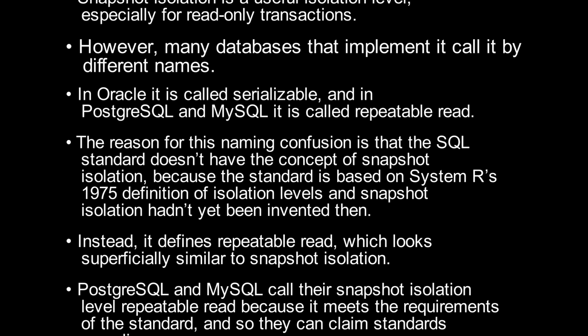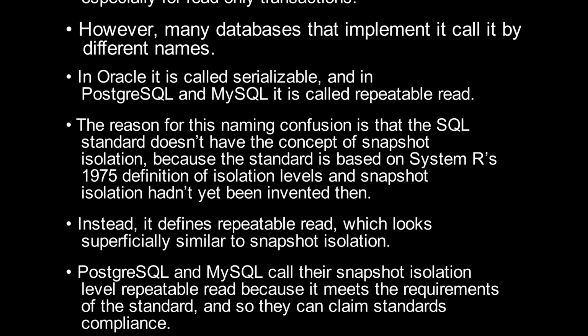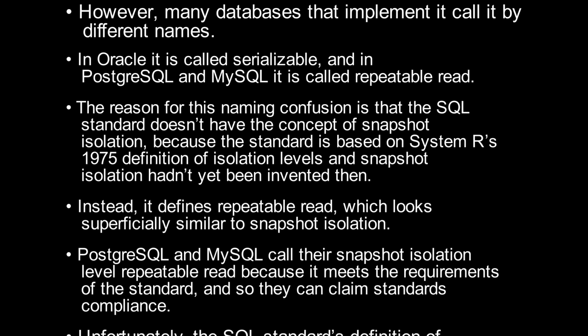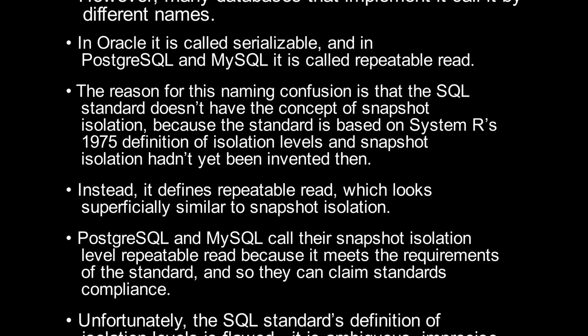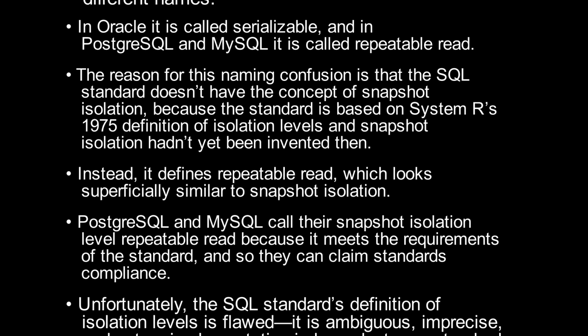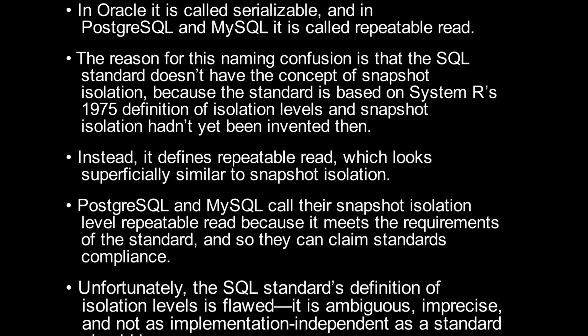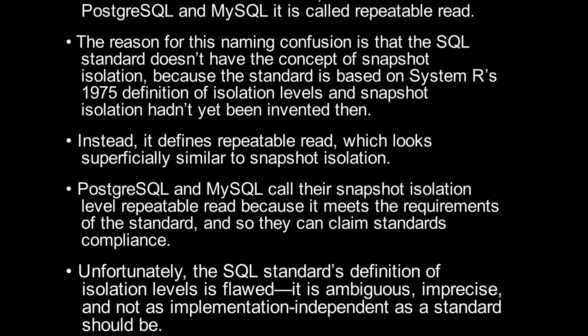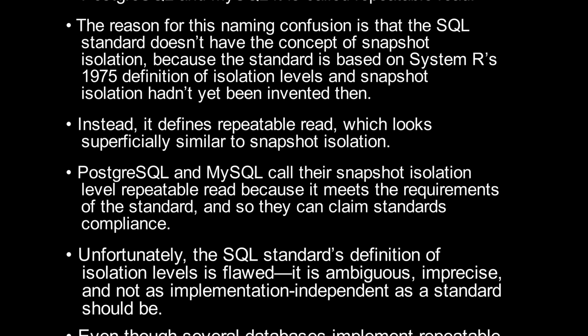Instead, it defines repeatable read, which looks superficially similar to snapshot isolation. PostgreSQL and MySQL call their snapshot isolation level repeatable read because it meets the requirements of the standard, and so they can claim standards compliance.